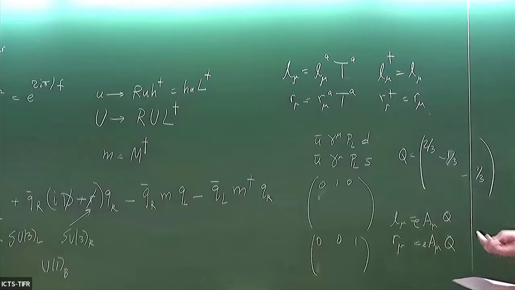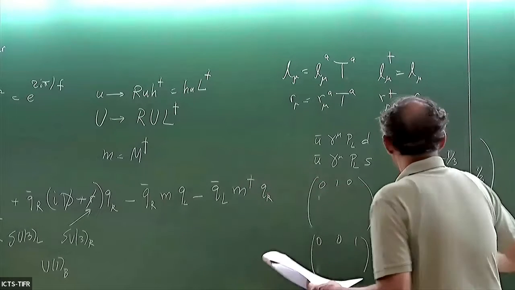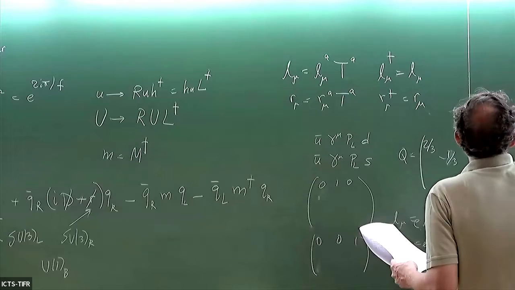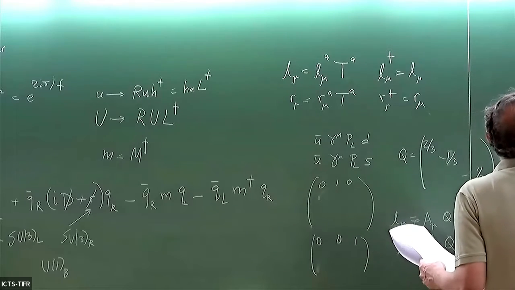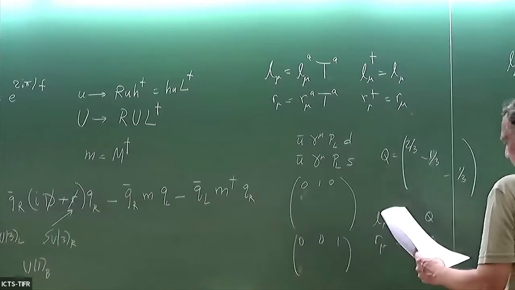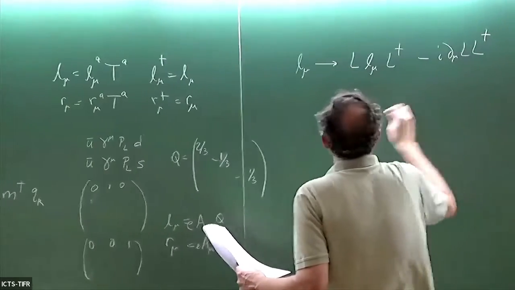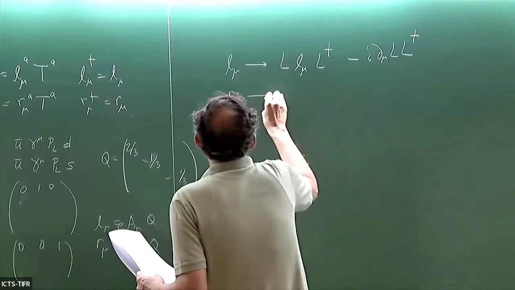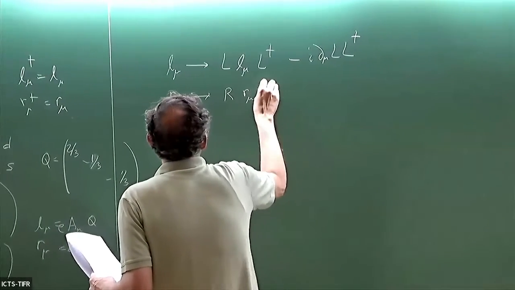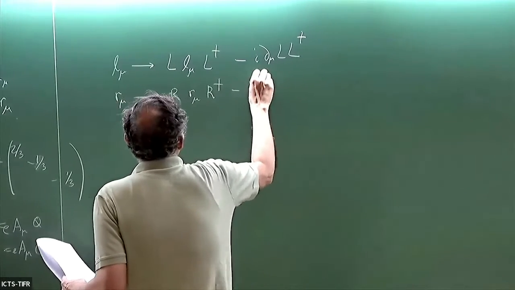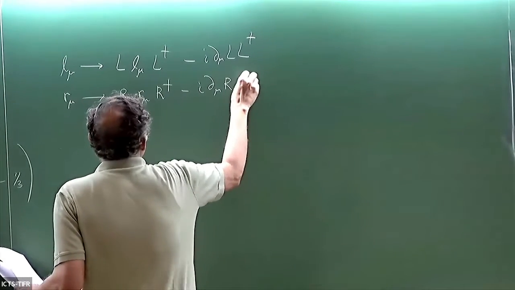Now for the QCD Lagrangian, because of gauge invariance, you know that L mu has to transform like L L mu L dagger, I think minus i d mu L dagger, and R mu has to transform like R R mu R dagger minus i d mu R dagger.